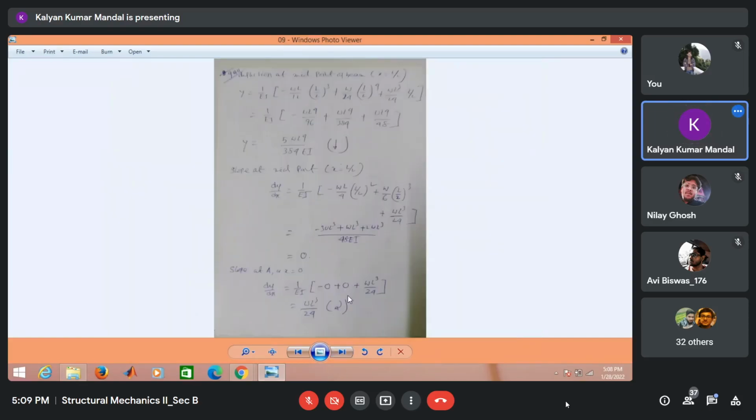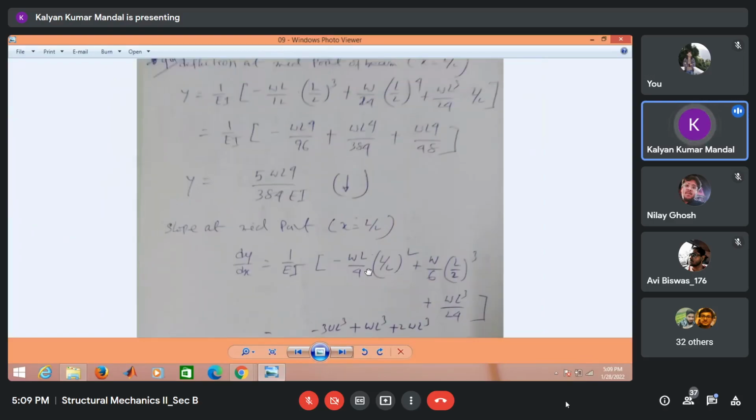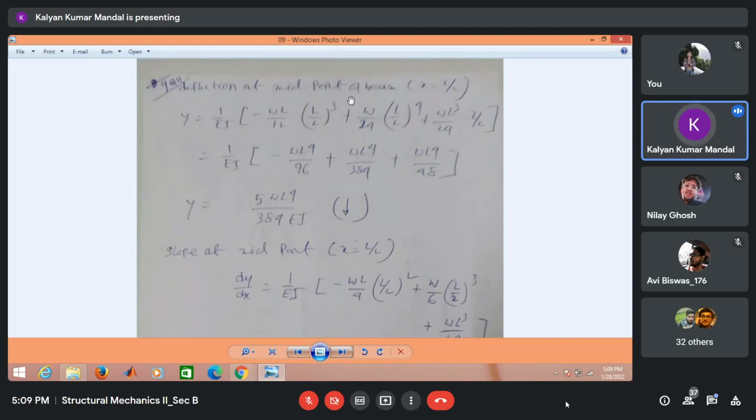Now, suppose we try to find out the deflection at the midpoint of the beam. What will be the deflection at the midpoint? Just put x is equal to L by 2 in the expression for the deflection.